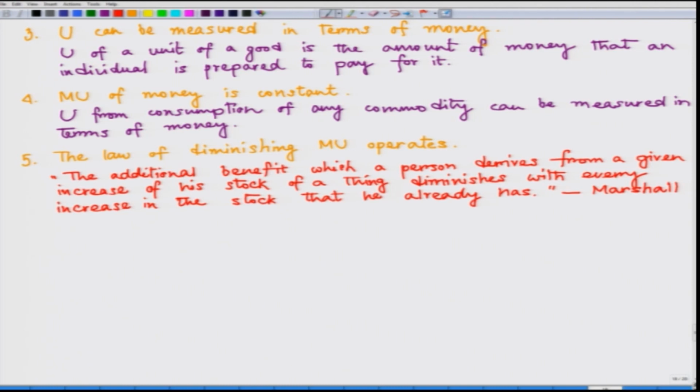Now let us explain this concept of total utility and marginal utility through a very simple illustration.